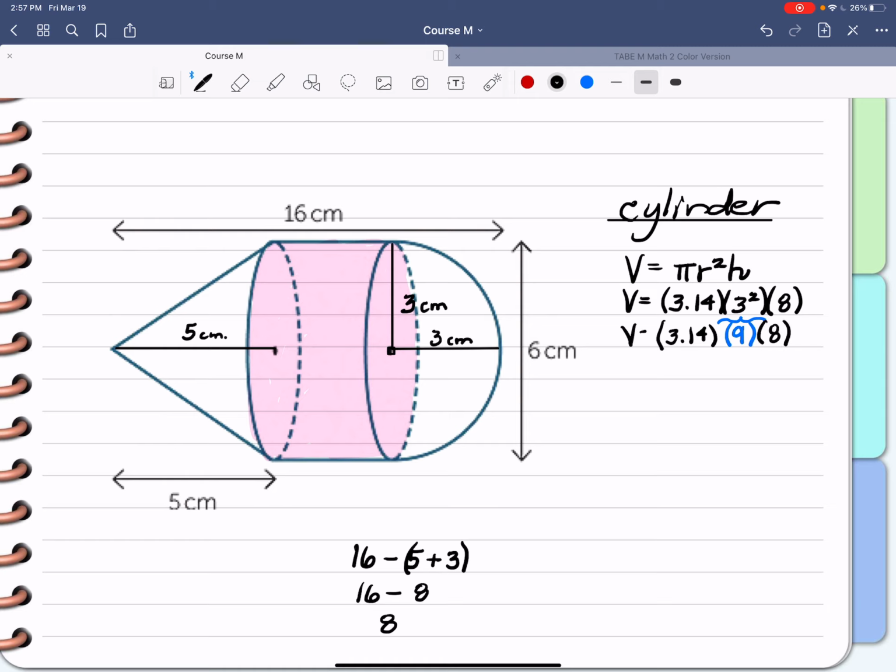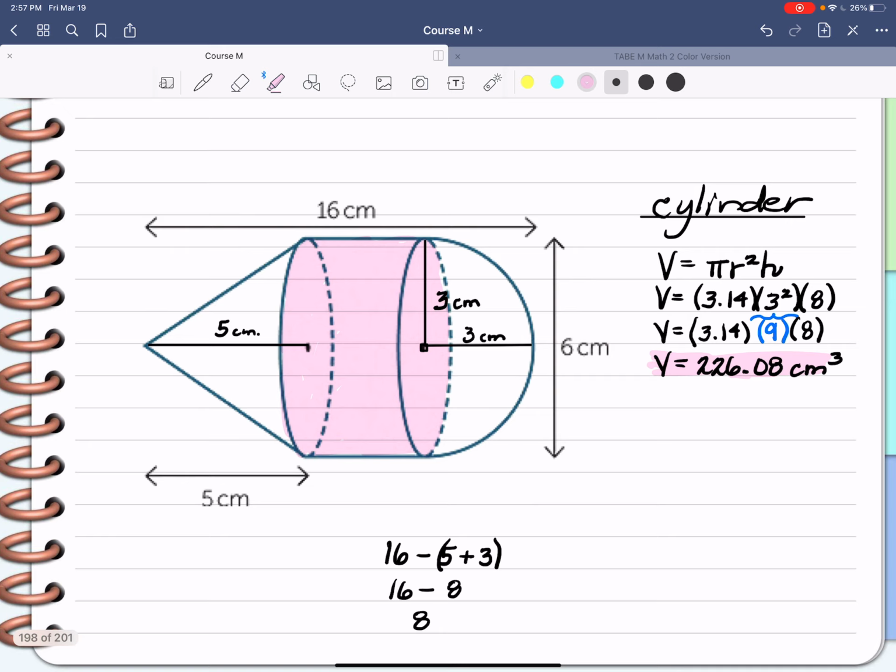And now put it through your calculator. Pi times 9 times 8 is 226.08 cubic centimeters. So that's going to be the volume of this cylinder.